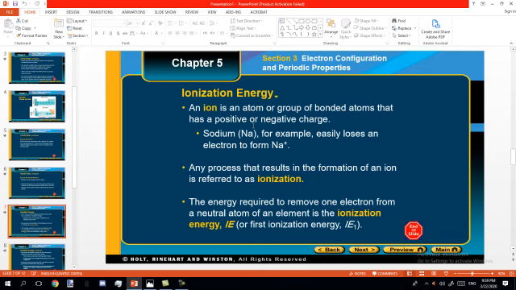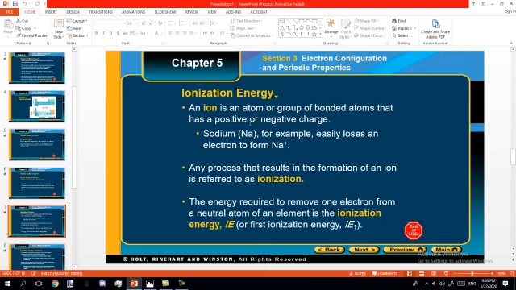So as the element is a metal, it easily loses electrons, but as it is a non-metal, its ionization energy, or the energy needed to remove the electron, will be bigger. So low ionization energy means the atom loses electrons easily, while high ionization energy means you need high energy to remove the electron. It's difficult to remove the electron, so it is mostly non-metal.